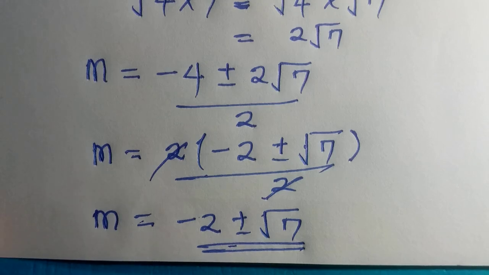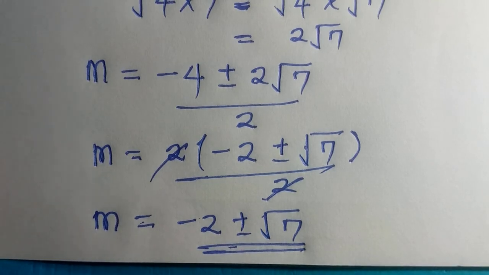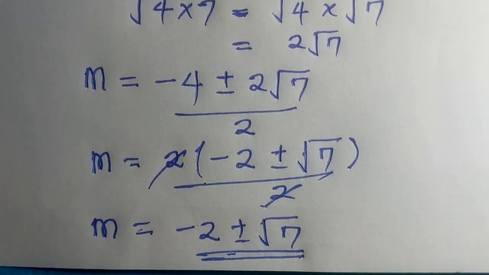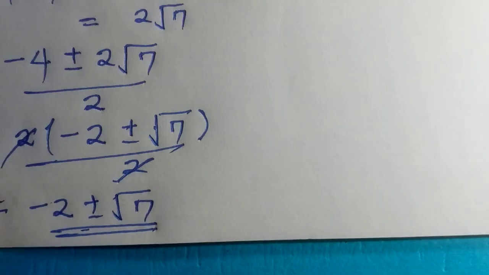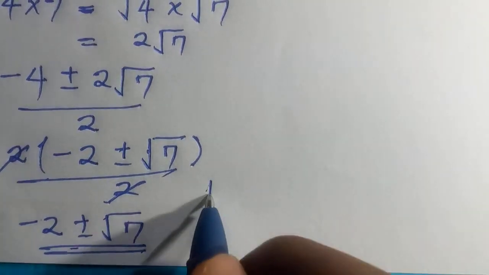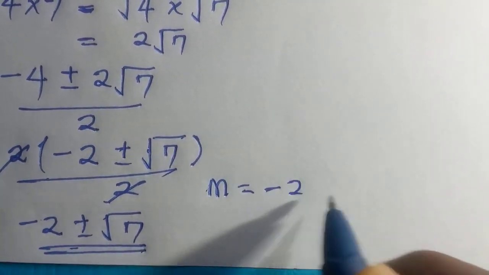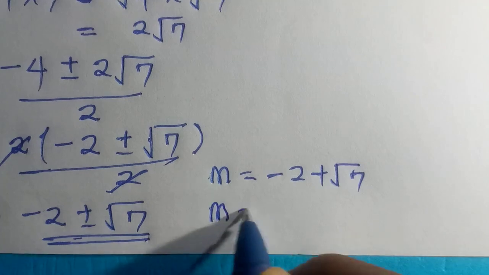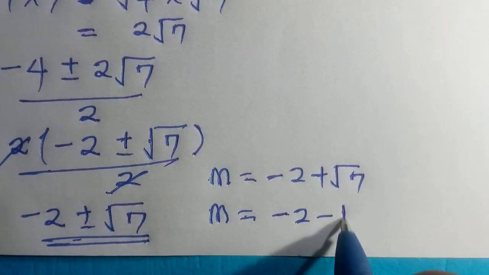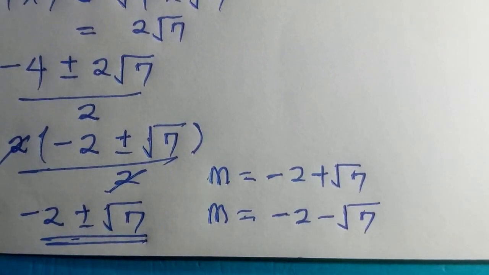But do these two values satisfy the given problem? Now let's verify, because I cannot conclude that both the positive and negative satisfy it. Here we have m equals minus 2 plus root 7, and as well we have m as minus 2 minus root 7.